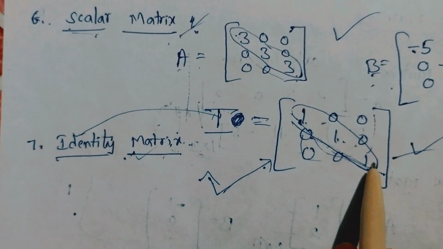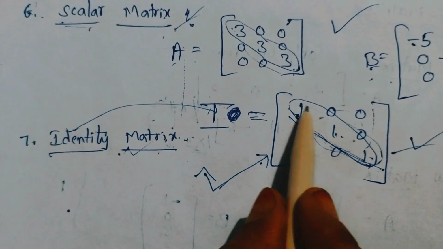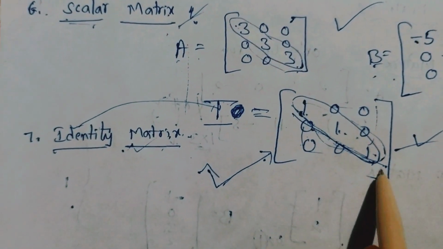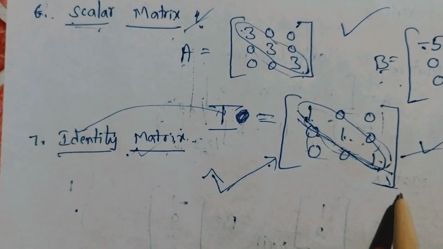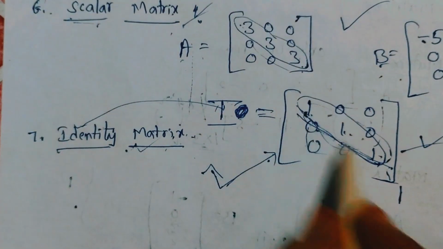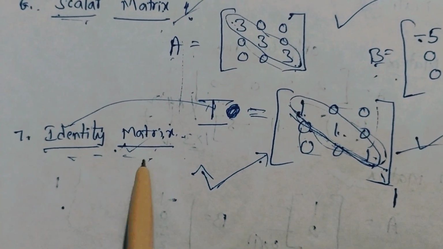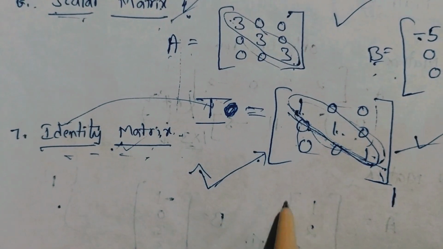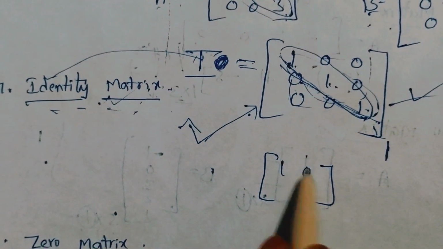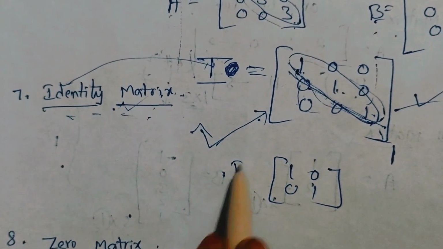1 1 1, these diagonal elements are the same, and these diagonal elements are all 1. 1 is the important number in the identity matrix. A 3 by 3 or 2 by 2 example is 1 0 0 1. This is the identity matrix.